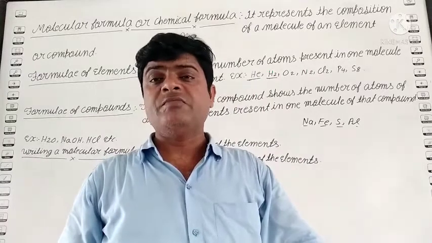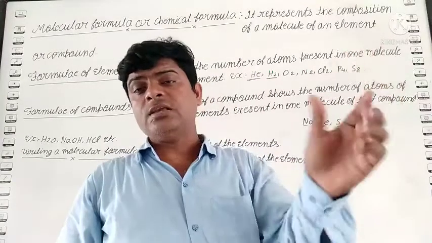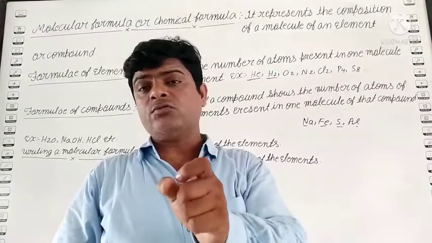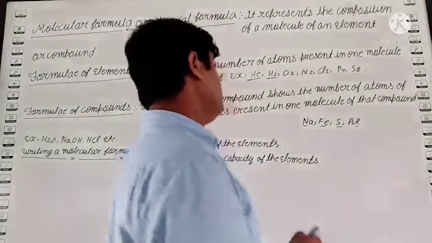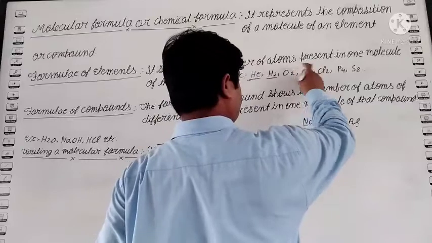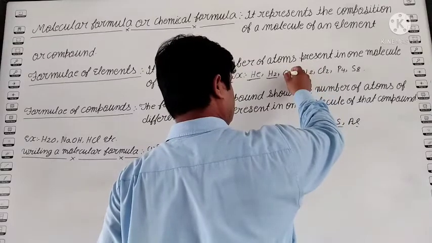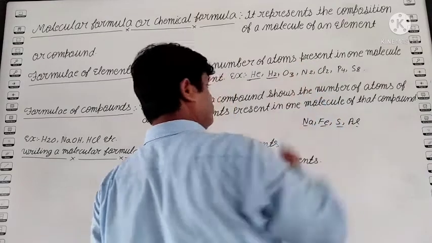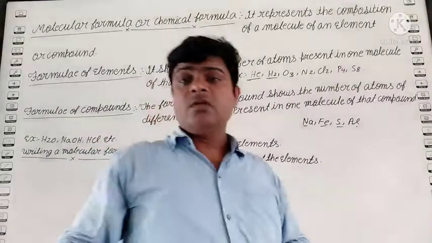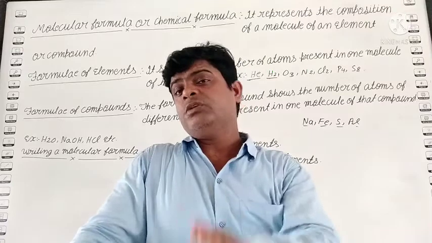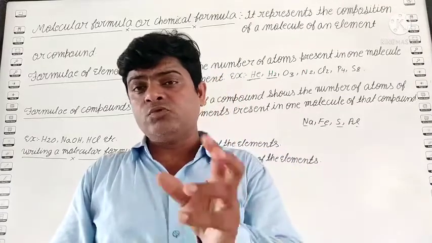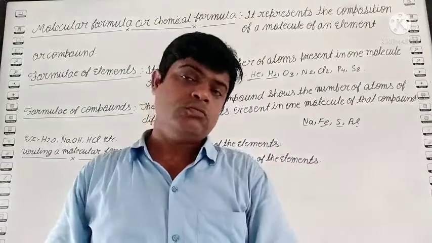When we write hydrogen gas, we identify that two hydrogen atoms joined together. Similarly, ozone is O3. O3 means three atoms joined together and form one ozone molecule.